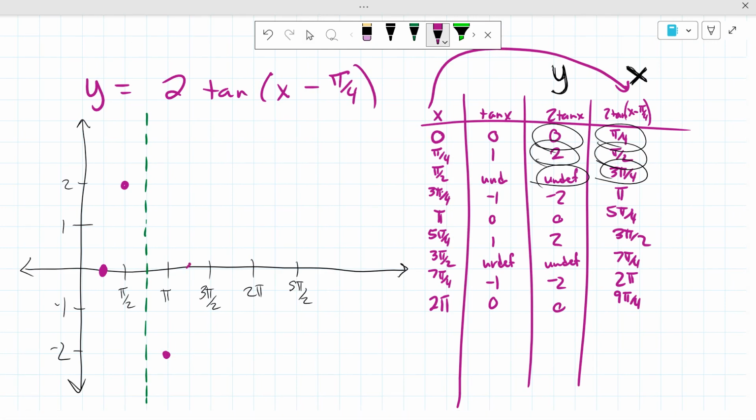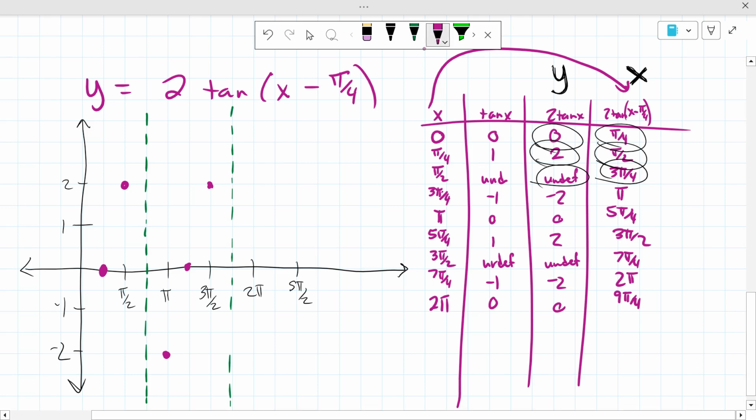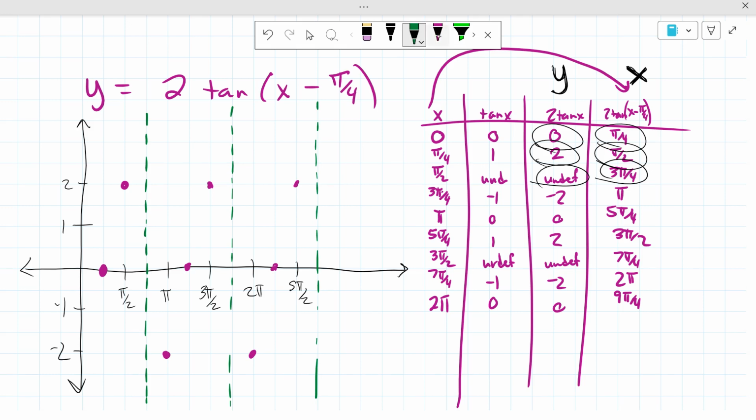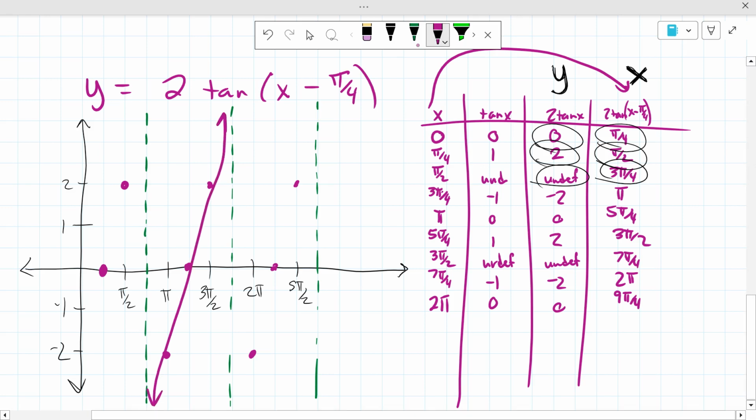Five pi over 4, 0. 3 pi over 2, 2. Then another asymptote. -2, 0, 2, asymptote. So it's a really long and skinny graph.